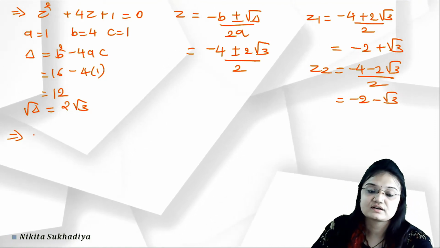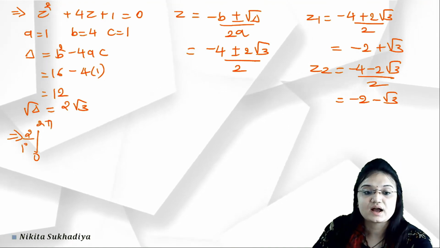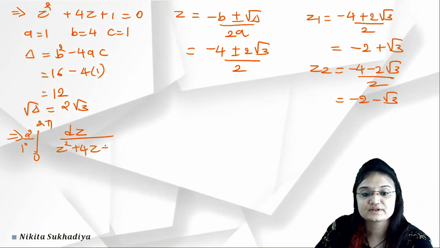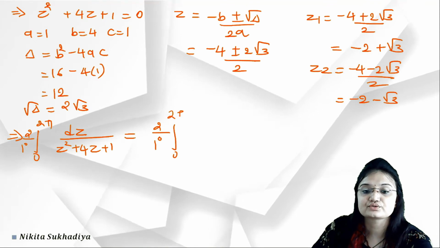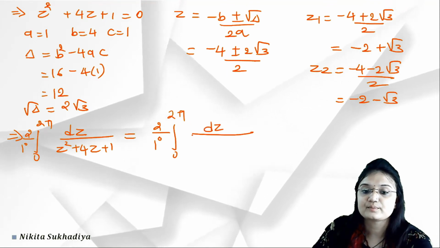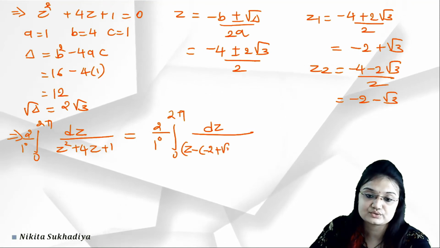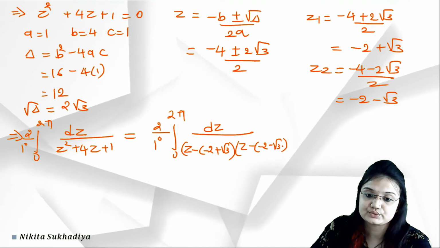Okay, so here we can write this integration from 0 to 2 pi, that is 2 upon i dz upon z square plus 4z plus 1, is equal to 2 by i integration from 0 to 2 pi dz upon, this is nothing but z minus 2 plus root 3 and this is z minus 2 minus root 3.